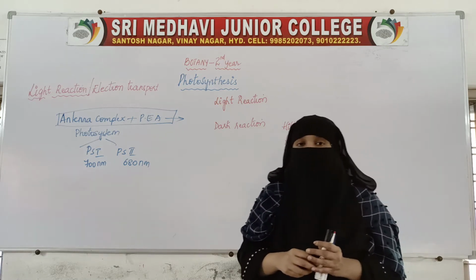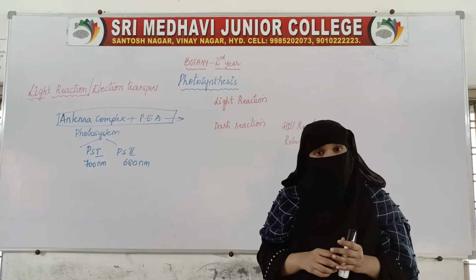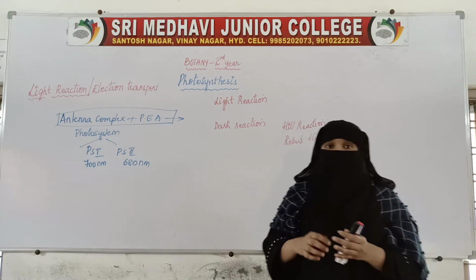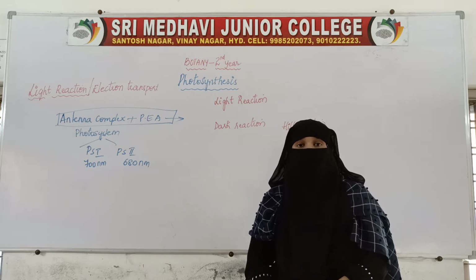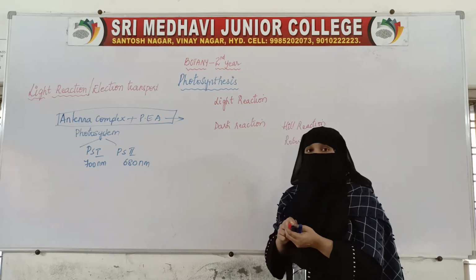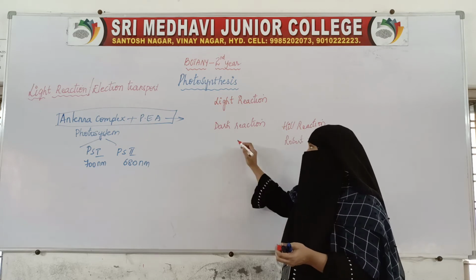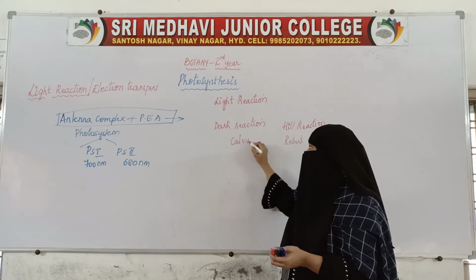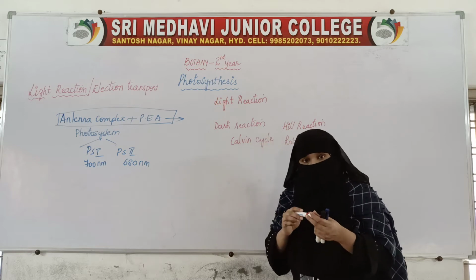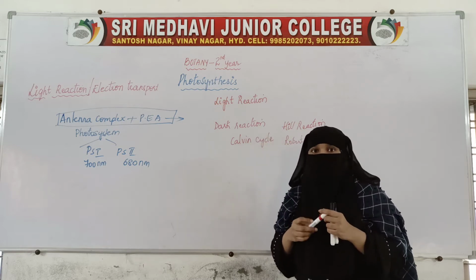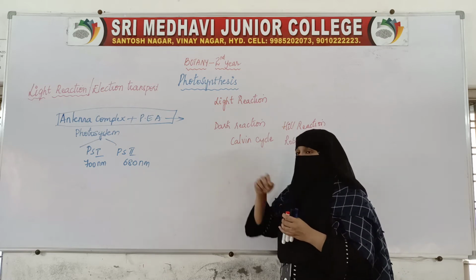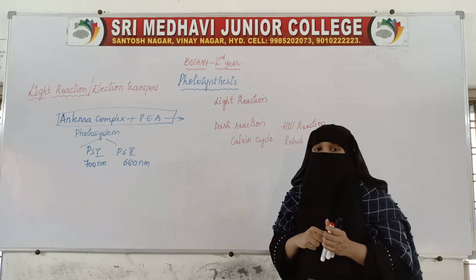Light reaction is also called the Hill reaction after Robert Hill, and the dark reaction is also called the Calvin cycle, because it was discovered by the scientist Melvin Calvin.